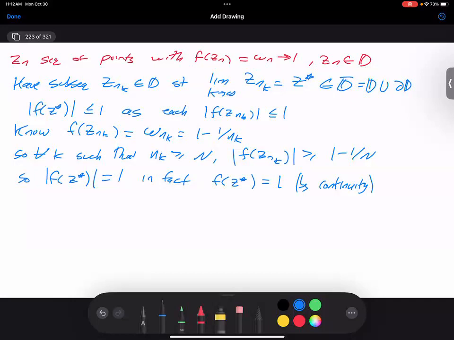If it's not 1, I'm converging to f of z star. And so if f of z star is not 1, eventually I've got to be a little bit away from 1, and that violates the construction of the z_{n_k}'s. So this is just from continuity. I'm not using anything from complex analysis here.